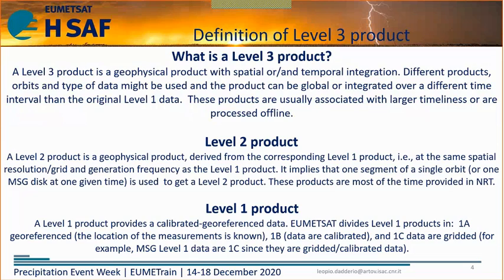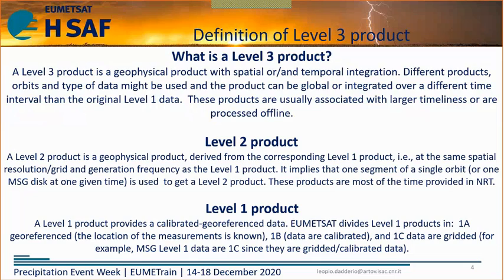So it implies that one segment or the whole orbit of level 1 products is used to provide a level 2 product. Usually these products are provided in near real time. And finally, a level 1 product provides calibrated and georeferenced data.